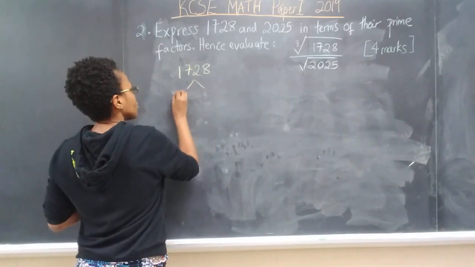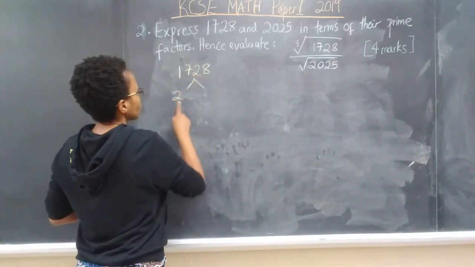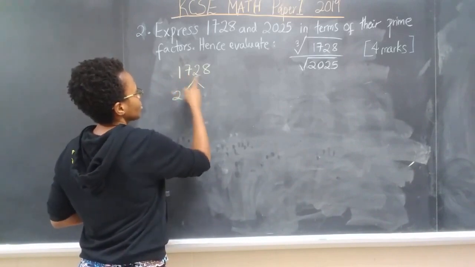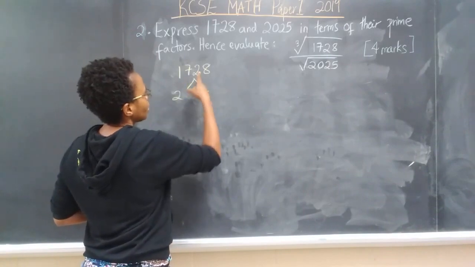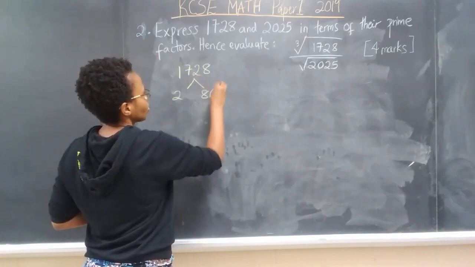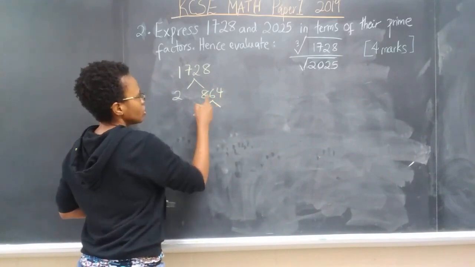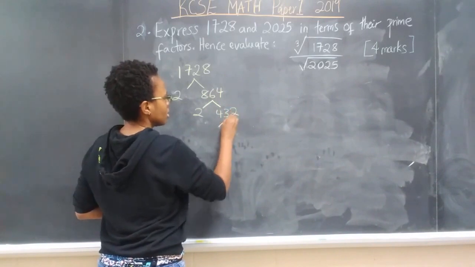A factor tree is just a way of visualizing these factors more easily. So 2 goes into 1728 how many times? That'll be the first one. 2 times 8 is 16, drop down the 1, you have 12 there, 2 times 6 is 12, 2 times 4 is 8. Then you can factorize that as well. 2 times 4 is 8, 2 times 3 is 6, 2 times 2 is 4.